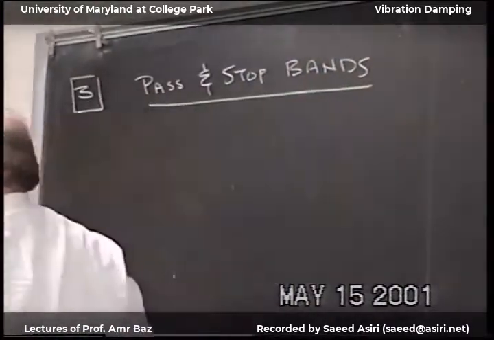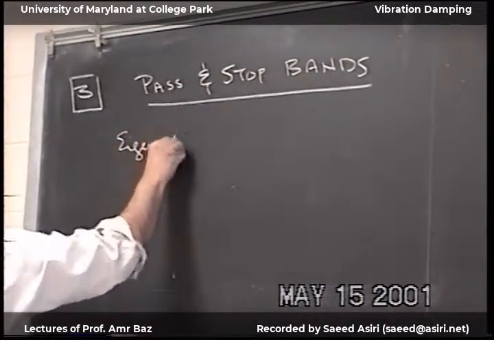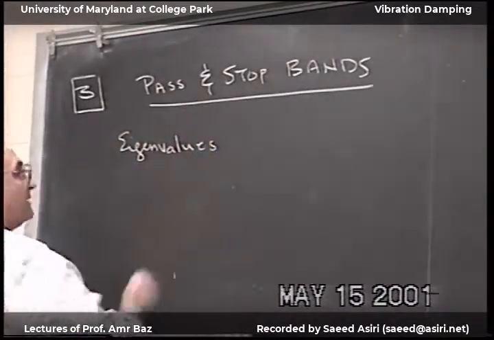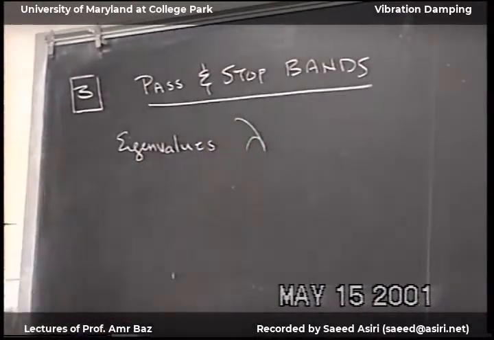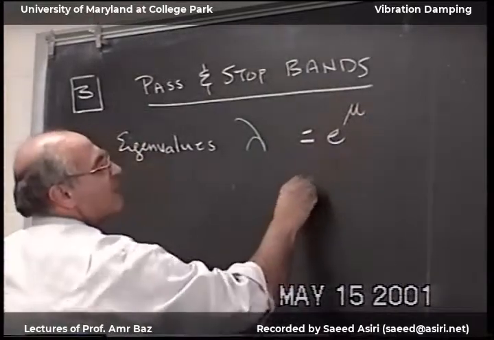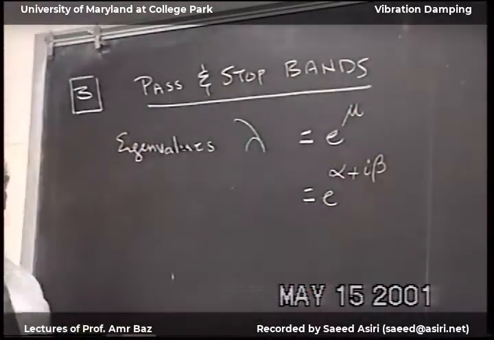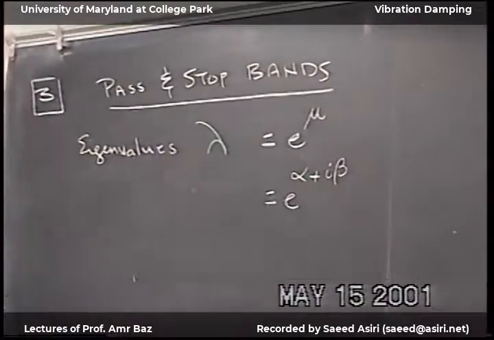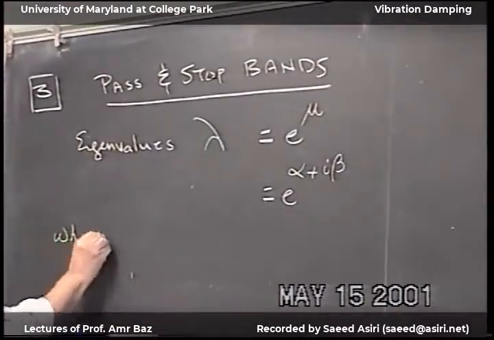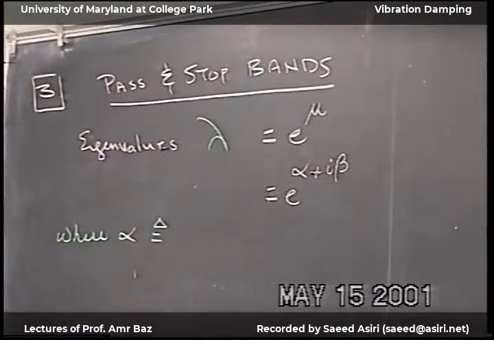And we showed that the eigenvalues, lambda, I can write it as e to the mu or e to the alpha plus I beta. And we said where the alpha is the attenuation parameter.